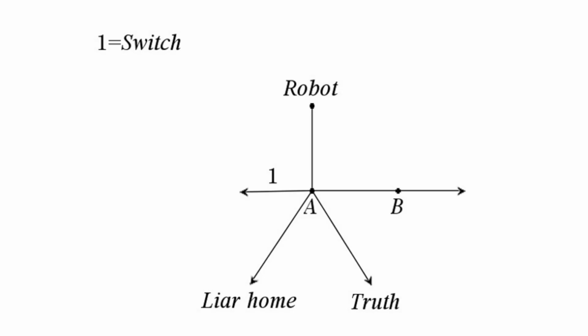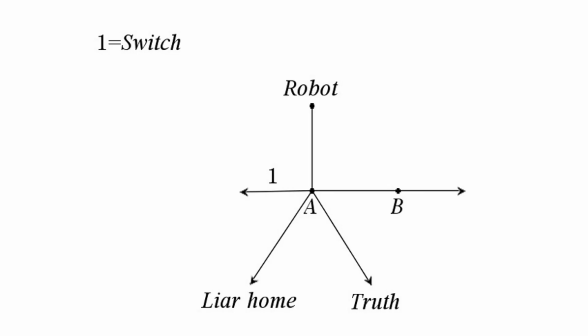Another way to put it is like this. If switch 1 is set to on in A, and the robot asks the question, secluded, to the truth teller A at the fork in the road, which path leads to your home? He can only receive the answer leading to truth.